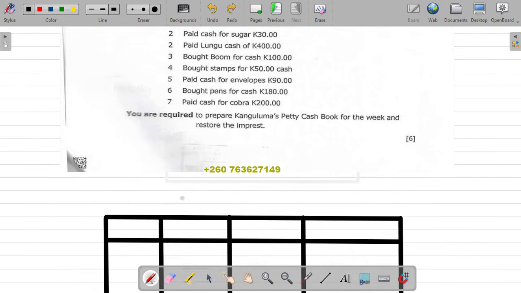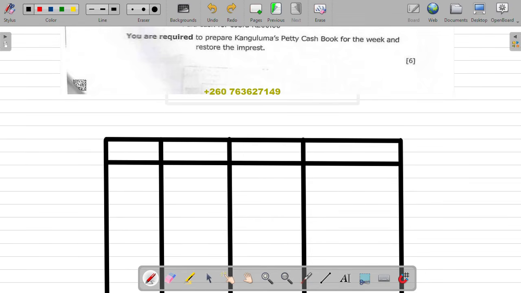Let me quickly go to the table. This is a rough table I had to draw.